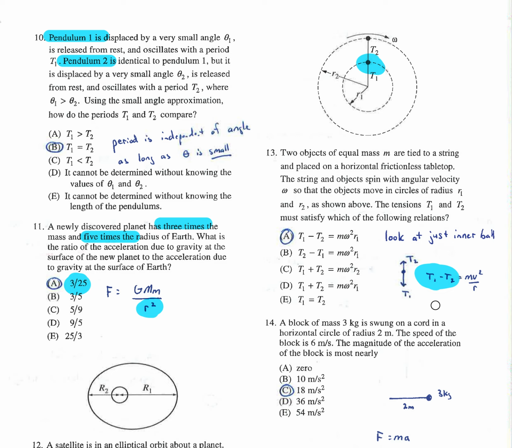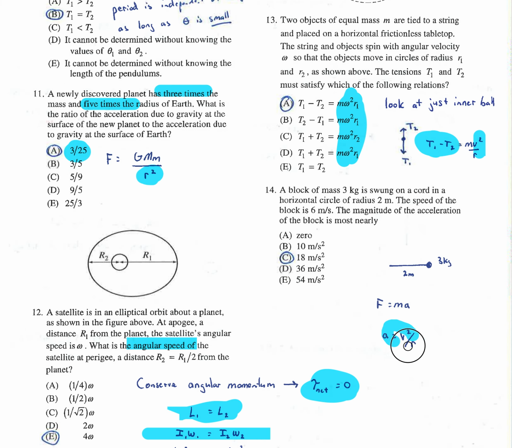Since it is moving in a circle, the inward force must be winning. So that's why I wrote T1 minus T2, and that equals m v squared over r. And instead of v squared over r, look at the answers. They just wrote omega squared r, which is fine. And again, the r is specifically looking at the inner block, at a radius of r1, which is why they did r1 there.